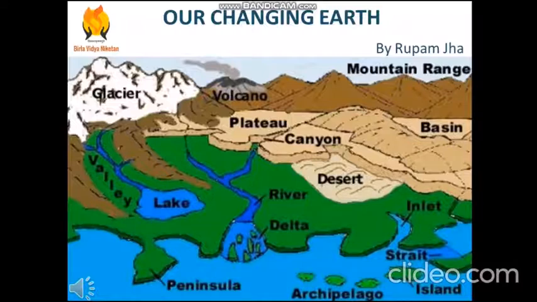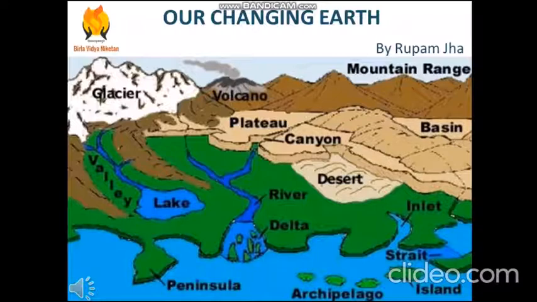Then another type of erosional and depositional work is mushroom rock and sand dunes in the desert area. How are these mushroom rocks formed? Winds erode the lower section of the rock, but the upper section remains the same.